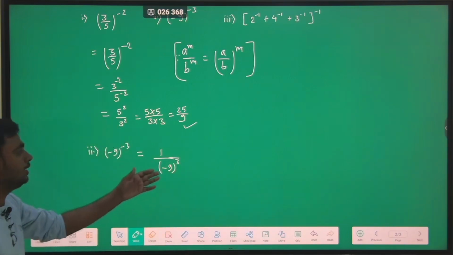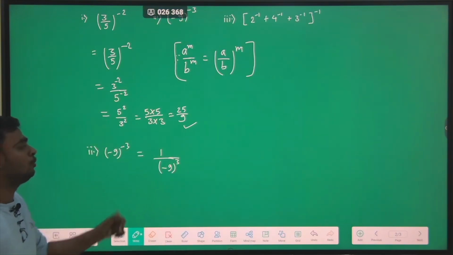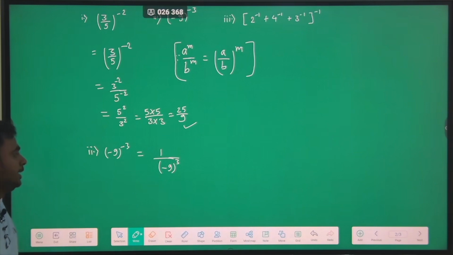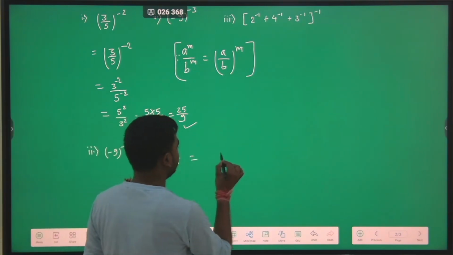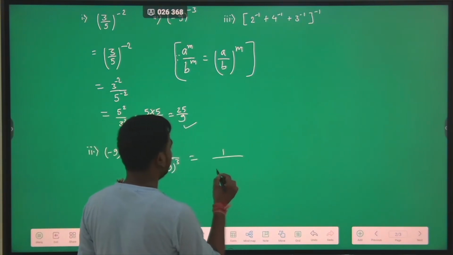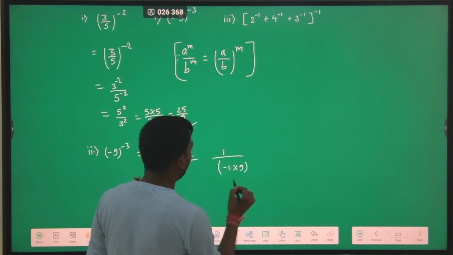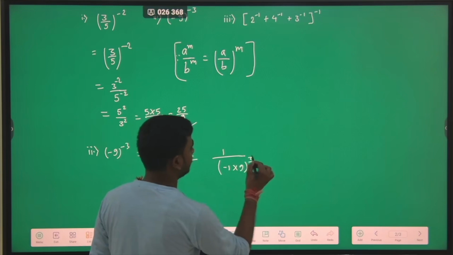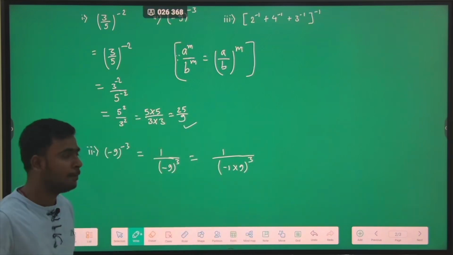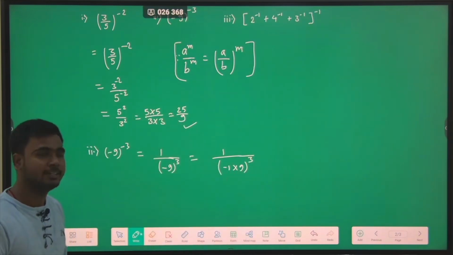On reciprocating, what we will get? 1 upon minus 9 to the power 3. What does this mean? It means 1 upon minus 1 into 9 whole to the power 3.